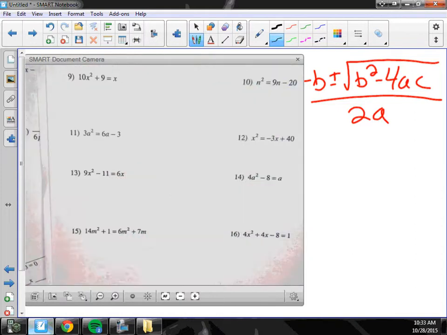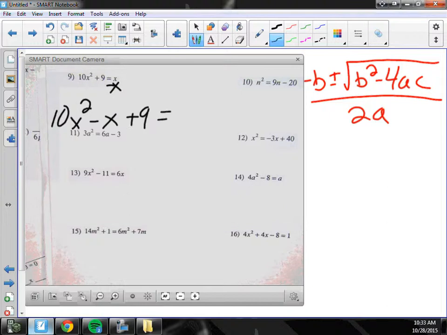I have to move the x, and where do I want to put it? Between the x squared and the 9. If I put it out of order, why is that a problem? Then my a, b, and c aren't lined up the right way, and I might plug in the wrong number. So I'm going to subtract x, and I get 10x squared minus x plus 9 equals 0.